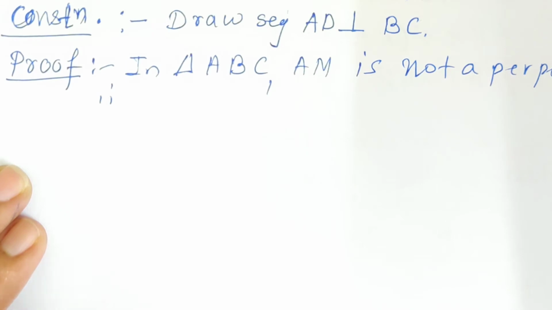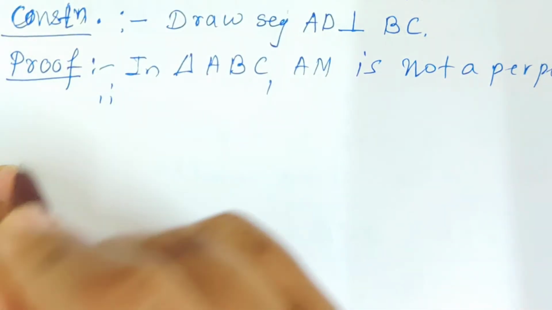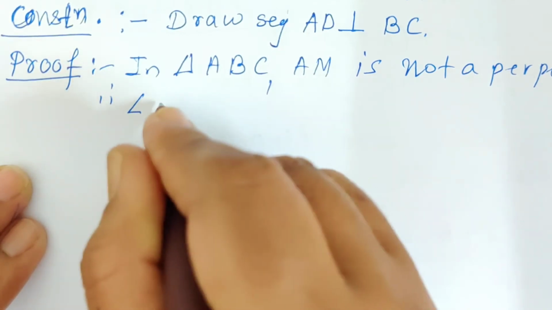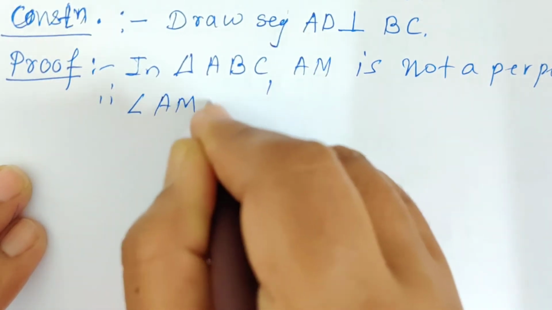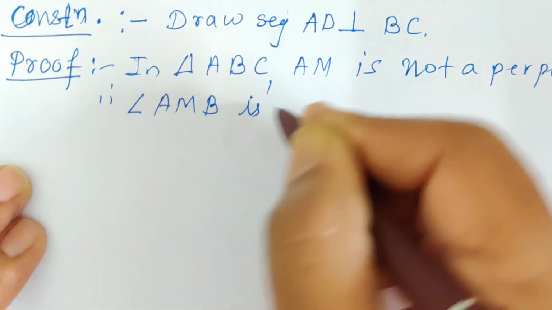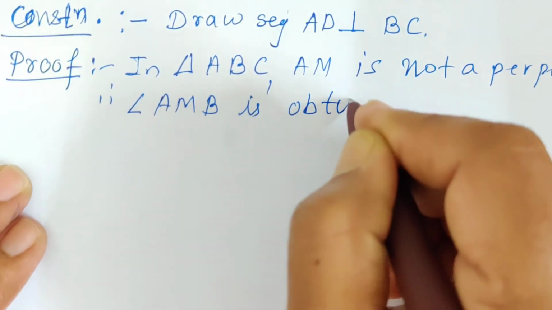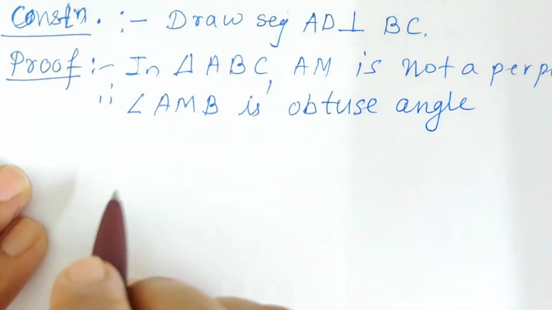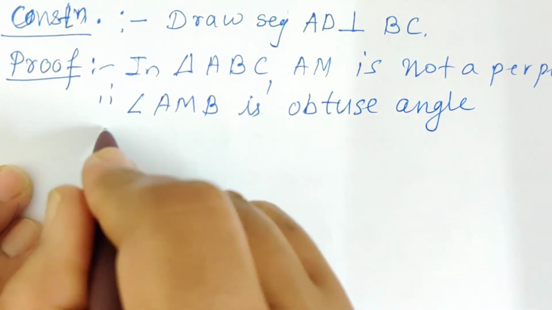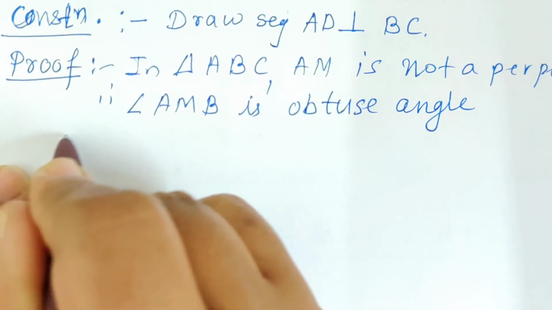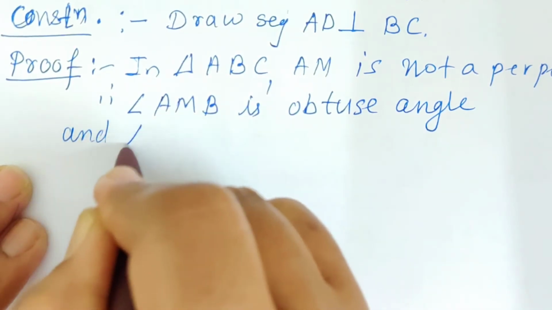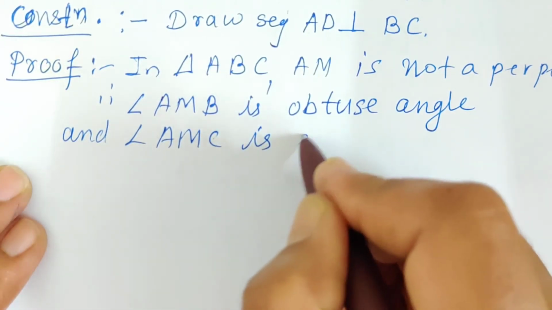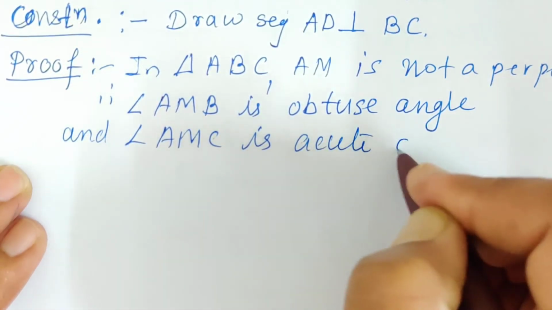Here according to the textbook, if you write, we will say angle AMB is obtuse angle, that means triangle AMB is an obtuse angle triangle, and angle AMC is acute angle.